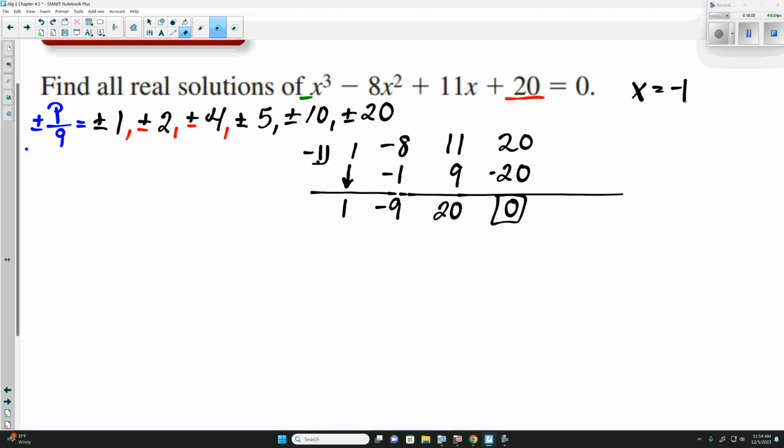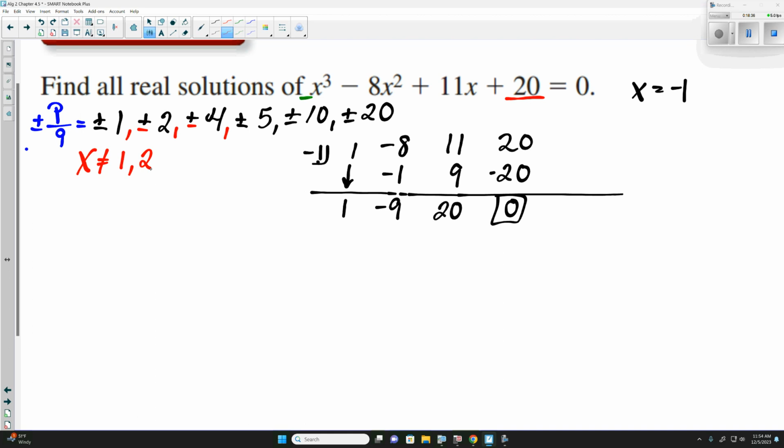So that means x cannot be positive 1 or positive 2. Now negative 1 could work again, or negative 2, or 4, negative 4, 5, negative 5, 10, negative 10, 20, or negative 20. Well, do we want to keep trying those?